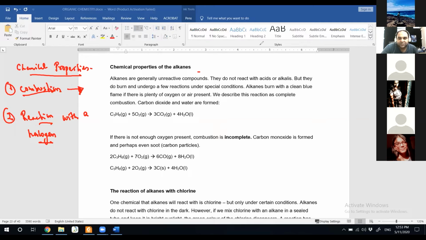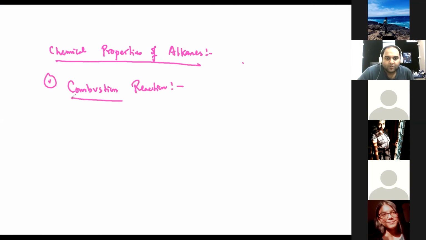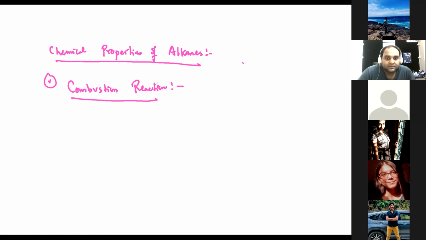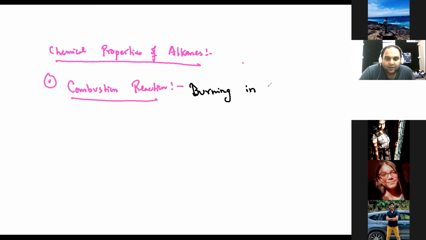Okay, we will switch to a whiteboard. I think it's going to be better. What is a combustion reaction? Where carbon dioxide is produced. Burning in oxygen.